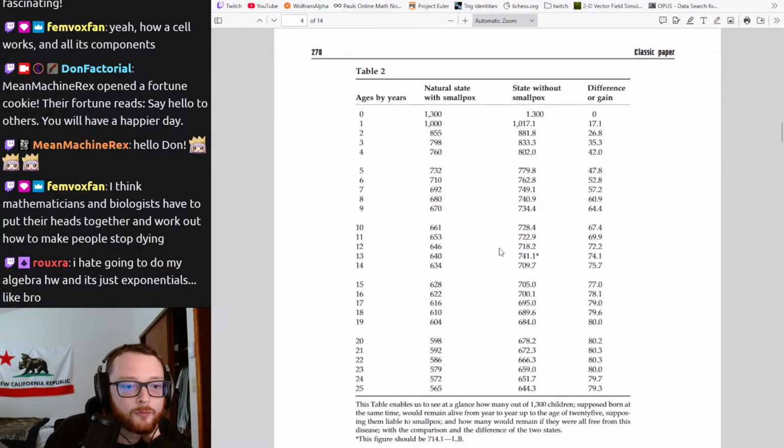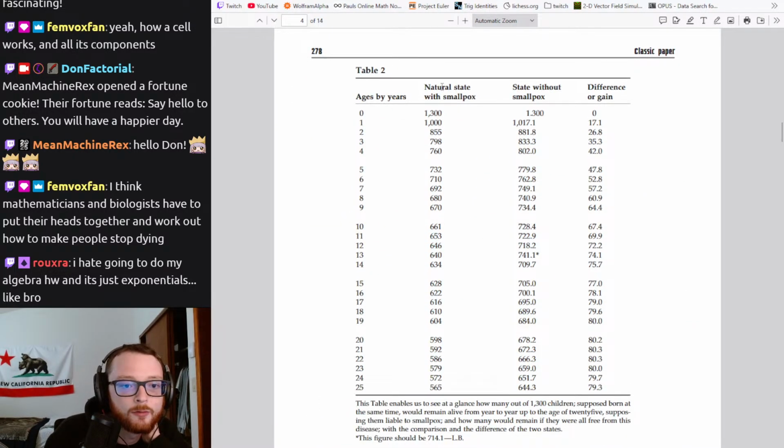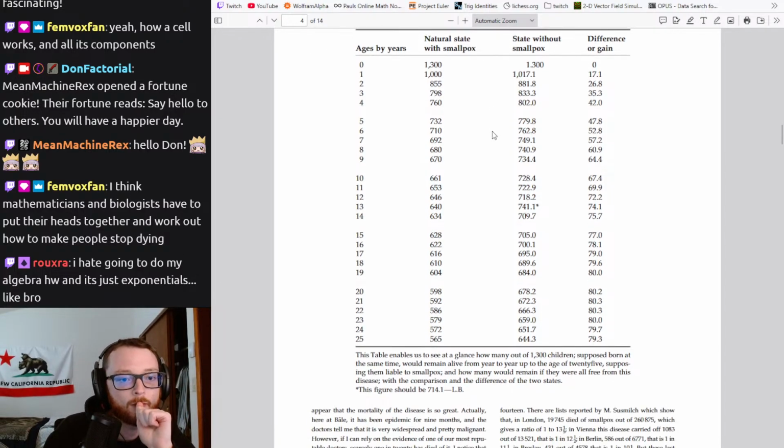And I think this table, age by years, I guess this table tracks the same group of 1,300 children born at the same time. Oh, this isn't evaluating inoculation.